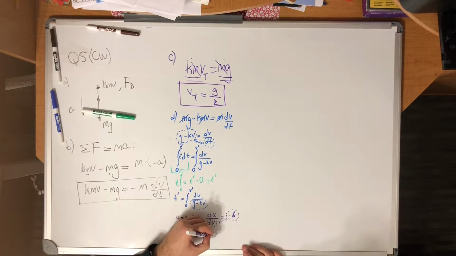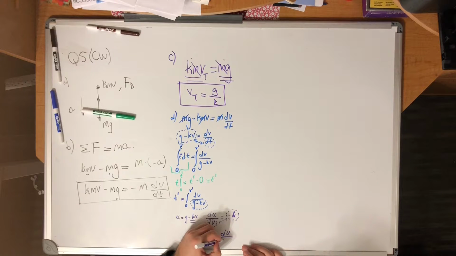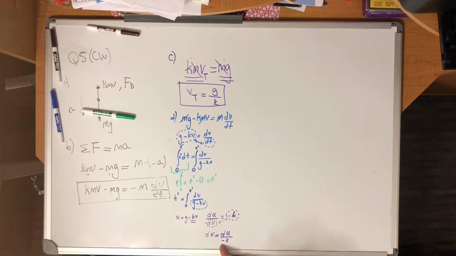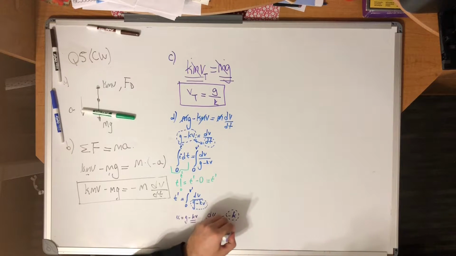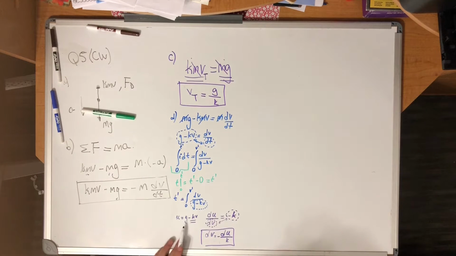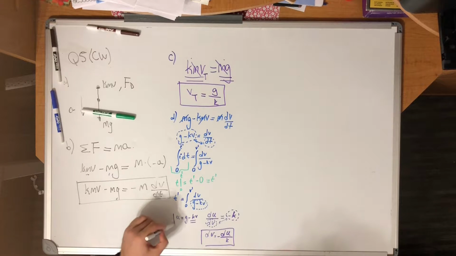Your dv will become du divided by negative k. And this negative can be taken to the front, so dv equals negative du over k. So now I have this function g minus kv as u, and I have dv in terms of du. It's negative du over k.